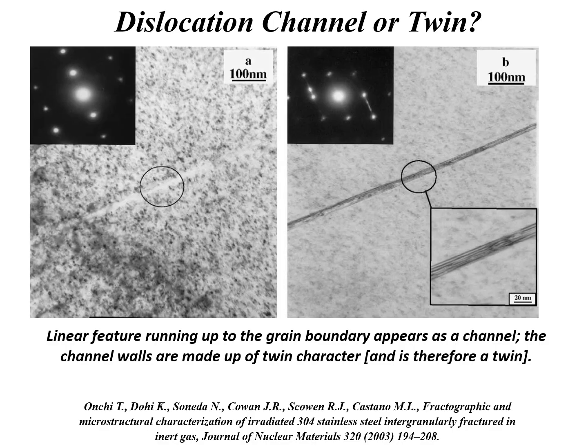They wanted to show in this particular case that what some people sometimes misinterpret as dislocation channels, and I'll explain what they are in a minute, are often mistakenly identified as channels when actually they're twins.